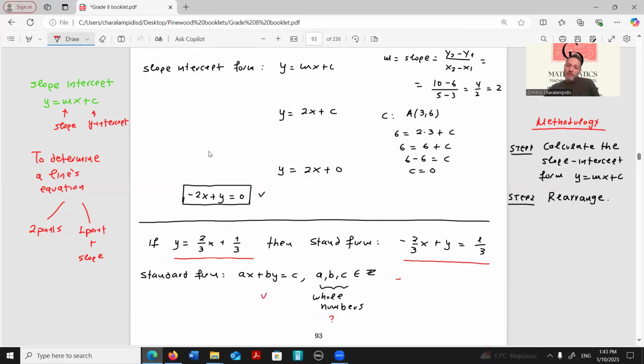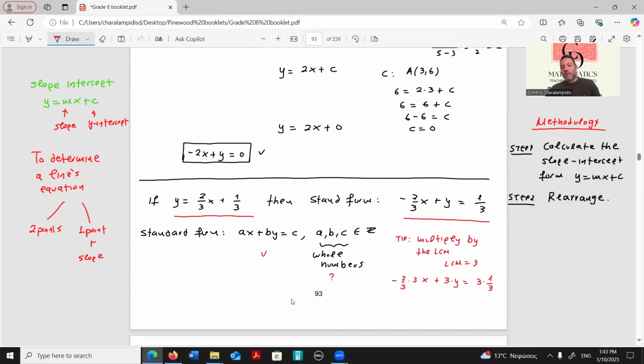The tip here would be to multiply by the LCM. The LCM in this case is the number 3. So it should be minus 2/3 times 3x plus 3 times y equals 3 times 1/3, which means that we will end up with minus 2x plus 3y being equal to 1. And this would have been the standard form.